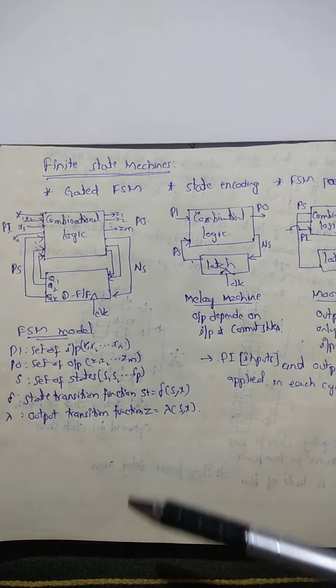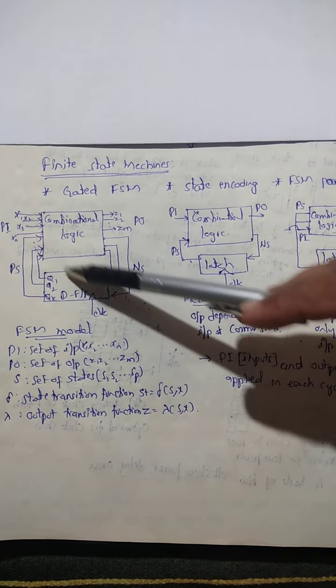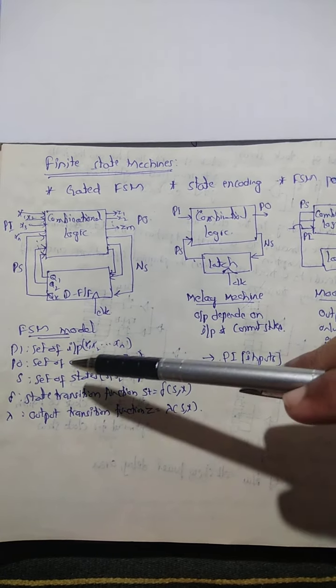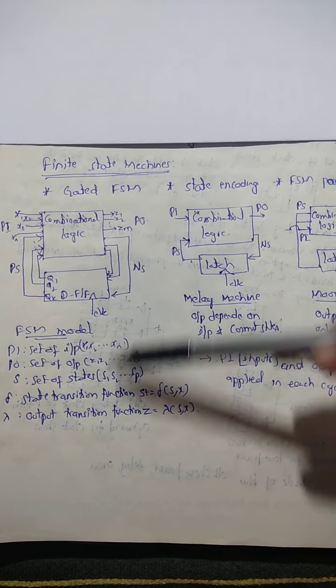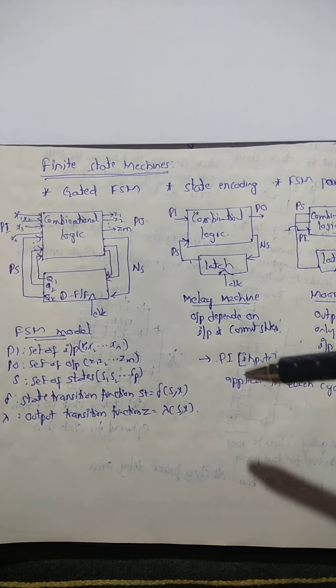When the clock is active, the operation takes place, and when the operation is going on, power dissipation takes place. Now how can we overcome the dissipation? That is what we are supposed to study.